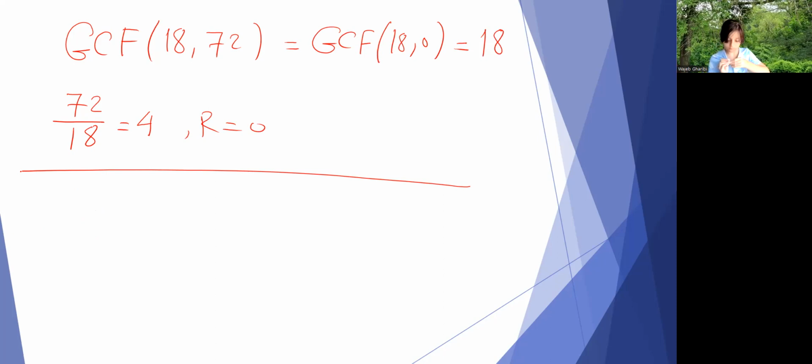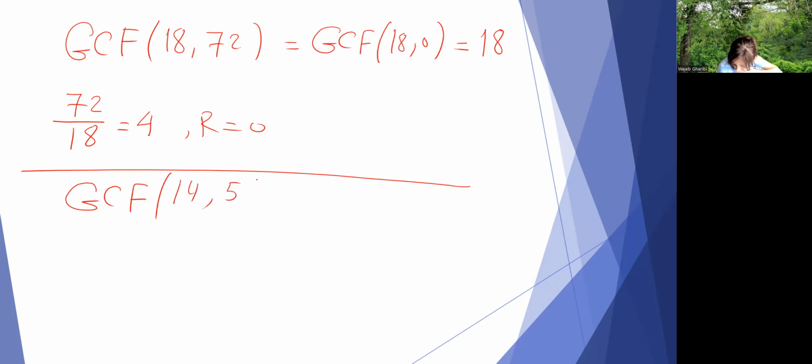Let us have one more example, Maria. So how do we find the greatest common factor of any two numbers? Let me show you. 14 and 56, for example.